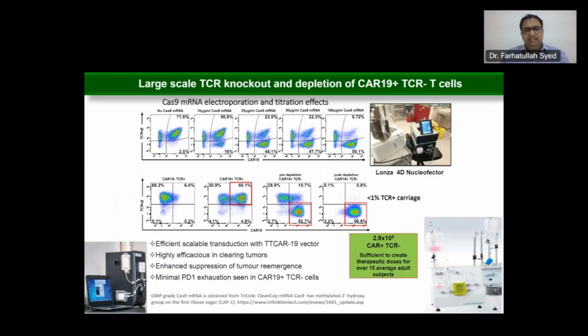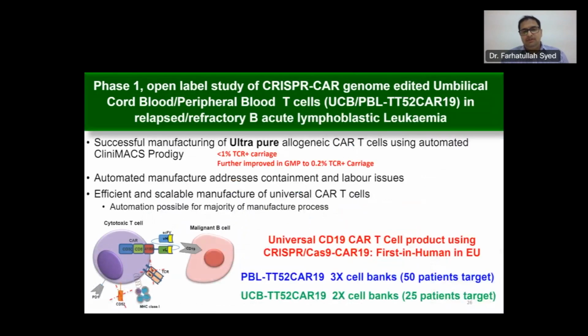I'm not going to go into detail, but we have achieved extremely pure cells, with less than 1% TCR positive compared to 5% using TALENs at that time, and this was further reduced later in GMP to 0.2% TCR positive.